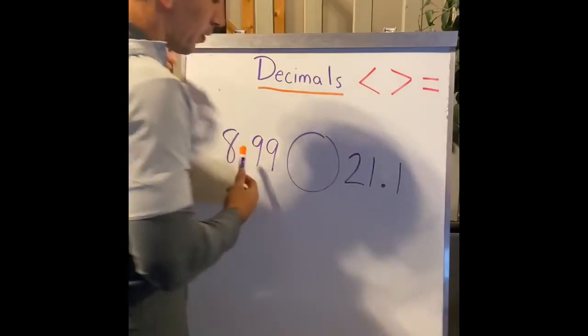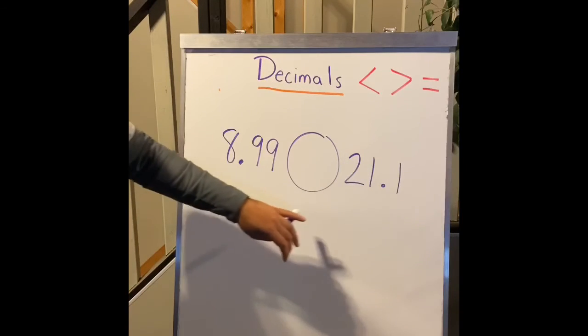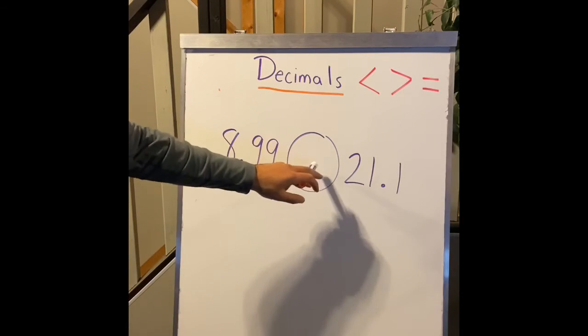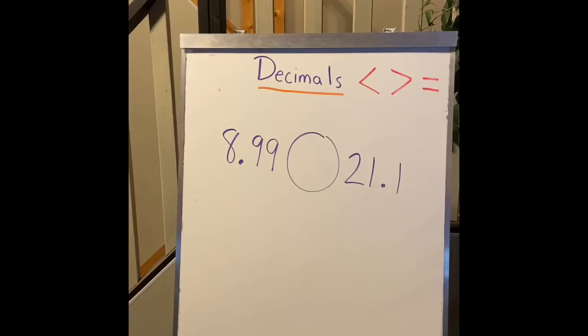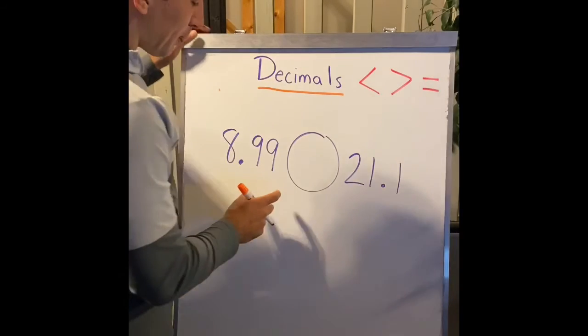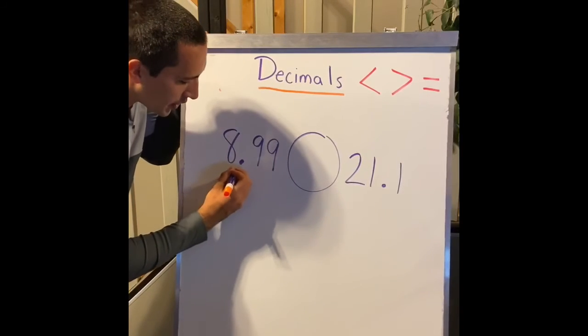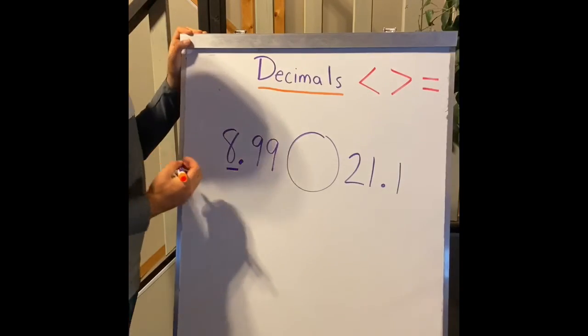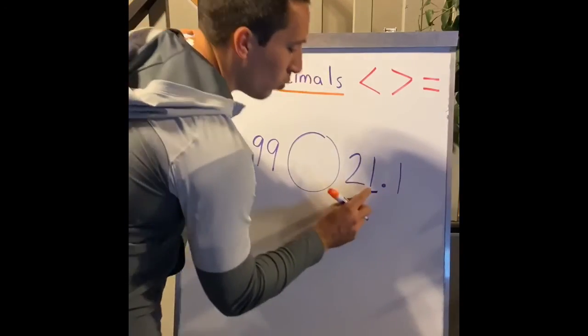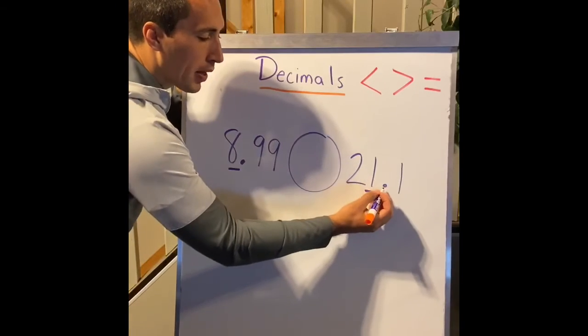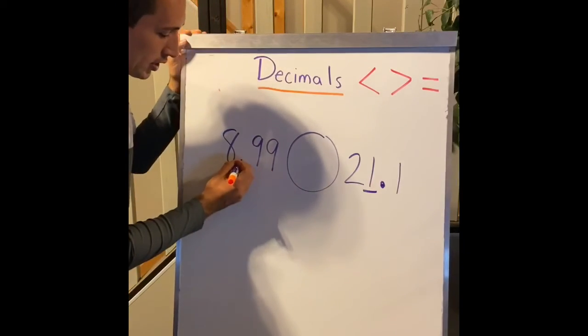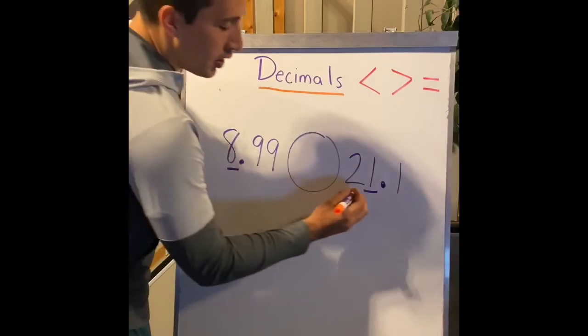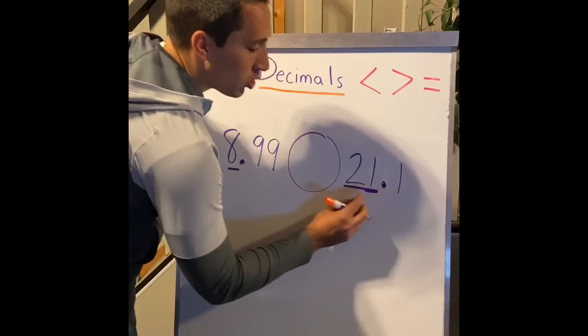Here's your last problem. I would like you to try and solve this one. What symbol belongs in our circle? If we look at this problem, we have 8 ones. Over here, we have 1 1. But pay attention to where the decimal point is. 8 ones, this would be 21.